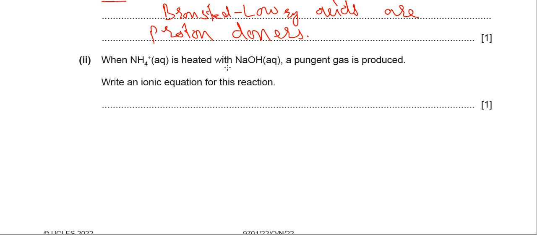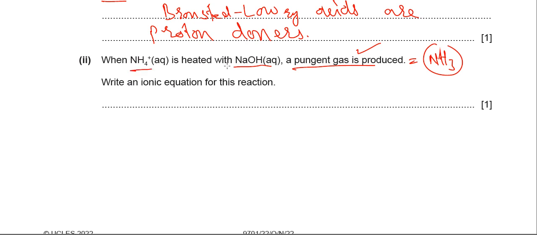Next, when ammonium ion is heated with aqueous sodium hydroxide, a pungent smelling gas is released. This is ammonia gas. Then write an equation for this reaction. The hint for the equation is gas released. Now you just have to follow the instruction.